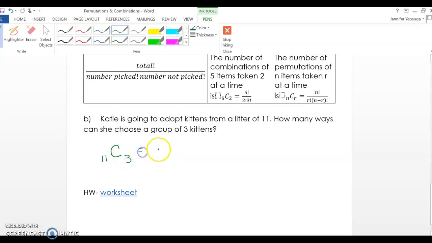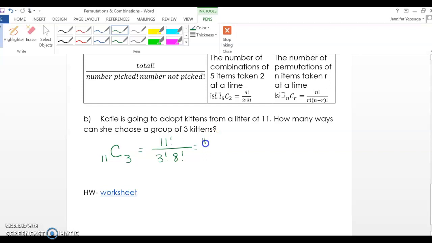So if I go to my formula, I'm going to have 11 factorial, and then I'm going to have the number picked, which was 3 factorial, and then I'm going to multiply that by the number not picked, so she's leaving 8 kittens. All right, and then let's go ahead and expand this out.